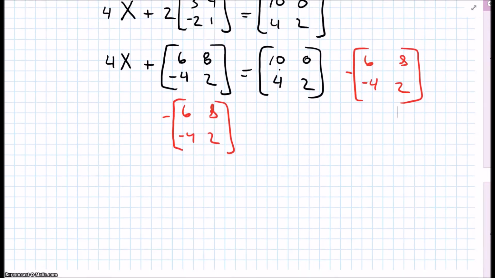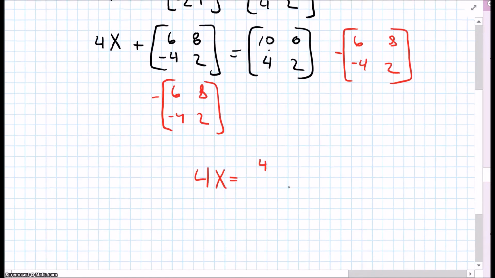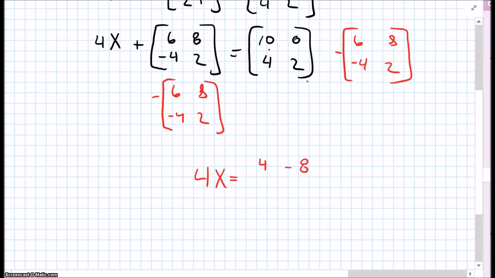When we do that, I'm going to get 4X equals 10 minus 6 is 4, 0 minus 8 is negative 8, 4 minus negative 4 is 8, and 2 minus 2 is 0.